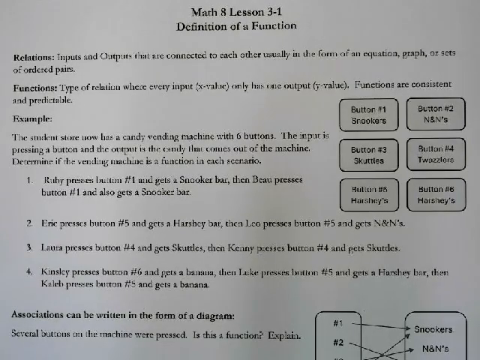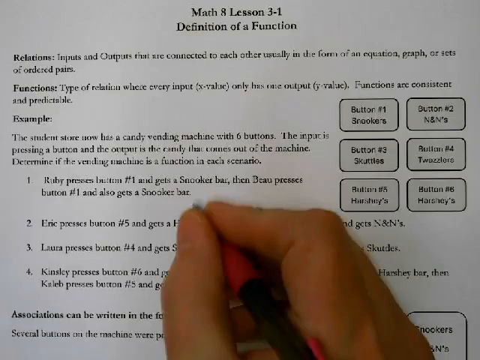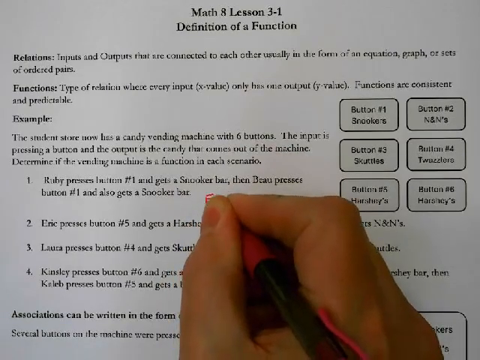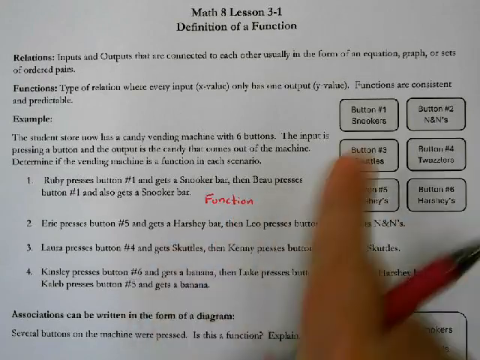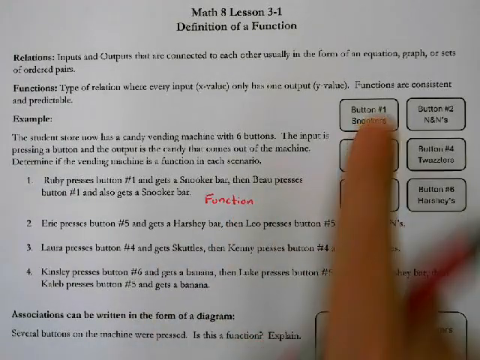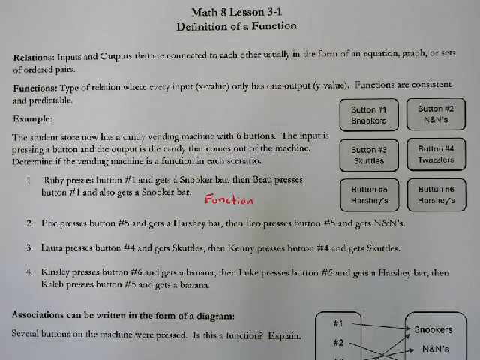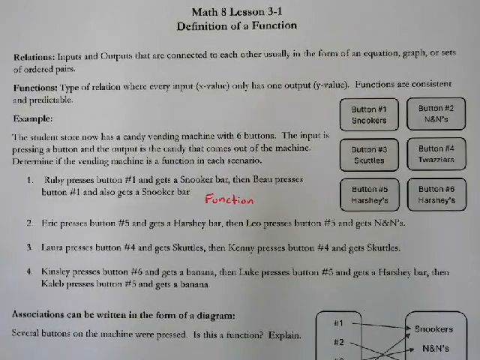The input had an output, and it was the same output each time. So it was consistent, and it's predictable. So we would say, in this situation, that this machine is a function. We had an input of pressing button 1, and we had an output that was the same every time. That is predictable. We got a Snickers bar each time.